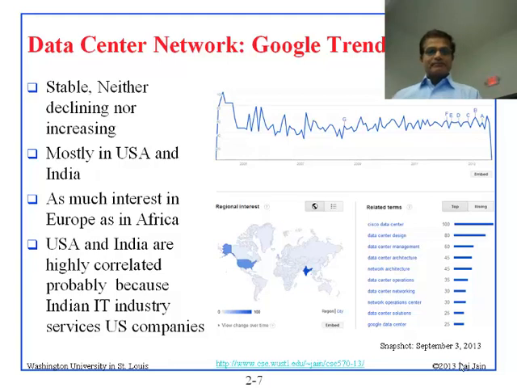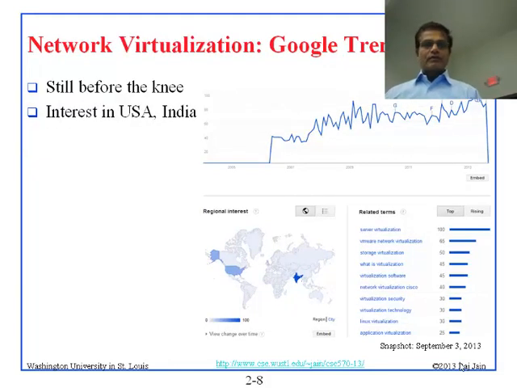And then I moved on to network virtualization. Nobody looked up network virtualization before 2005 or 6, but now the interest is growing. Okay, interest is growing, which is a good sign, because remember that hype cycle? You really want to be on the left of that hype cycle.